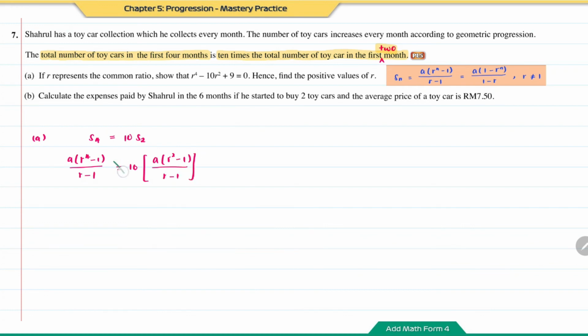From here, we can do the cross multiplication. So it's going to be A bracket R to the power of 4 minus 1 times R minus 1 equals 10A bracket R squared minus 1 times R minus 1. From here, we can cancel the A and the R minus 1.